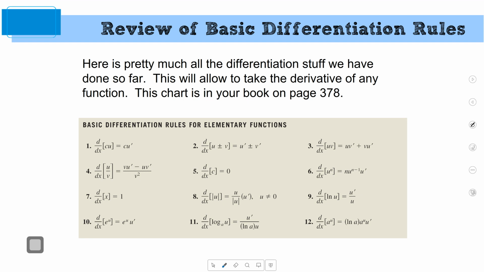What's number 3 known as? Product rule. Number 4? Quotient rule. Number 5? Constant rule. Number 6? Chain rule. Very good. Number 7? Common sense. Great. Number 8? We didn't really do number 8.